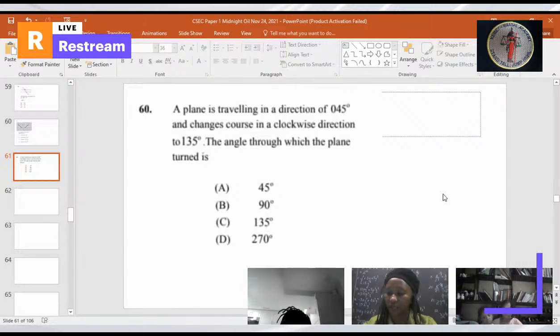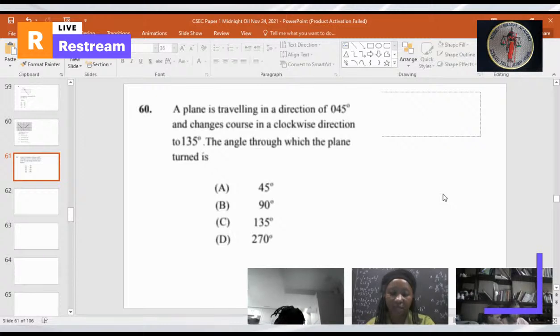So I want you to sketch that diagram in your book. Make a T and write north for the line that's going straight up, the top of the T. A 45-degree angle would be a slant line cutting the middle, like where northeast is.